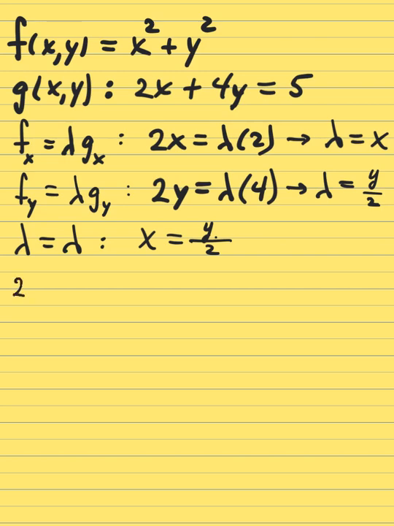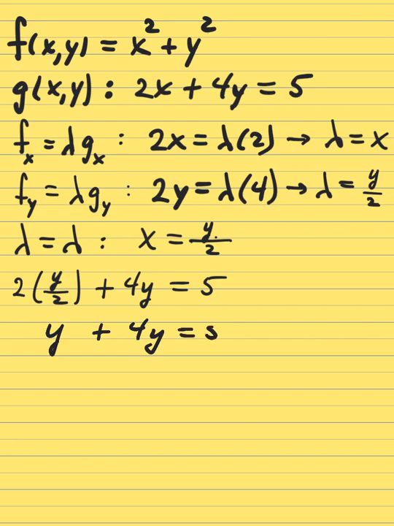So that gives us 2 times y over 2 plus 4y equals 5. Our 2's cancel, so that's going to give us y plus 4y equals 5. 5y equals 5. That tells us that y equals 1.